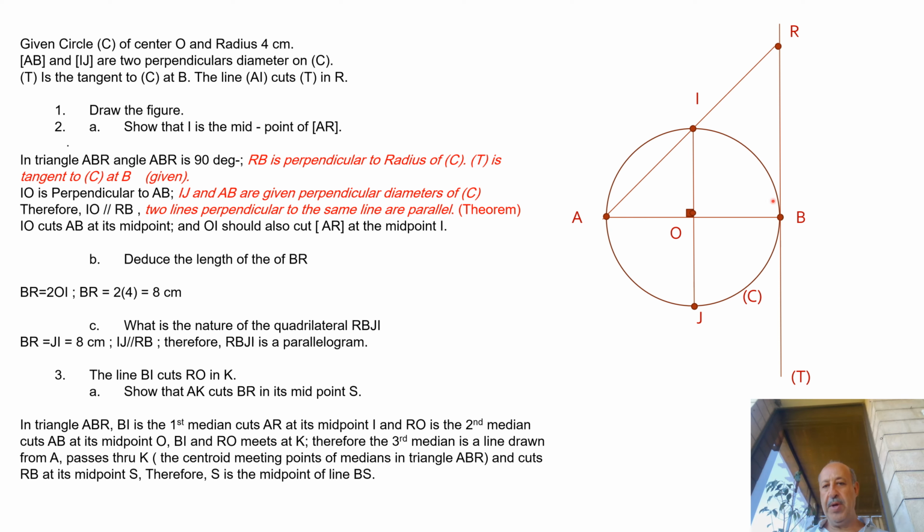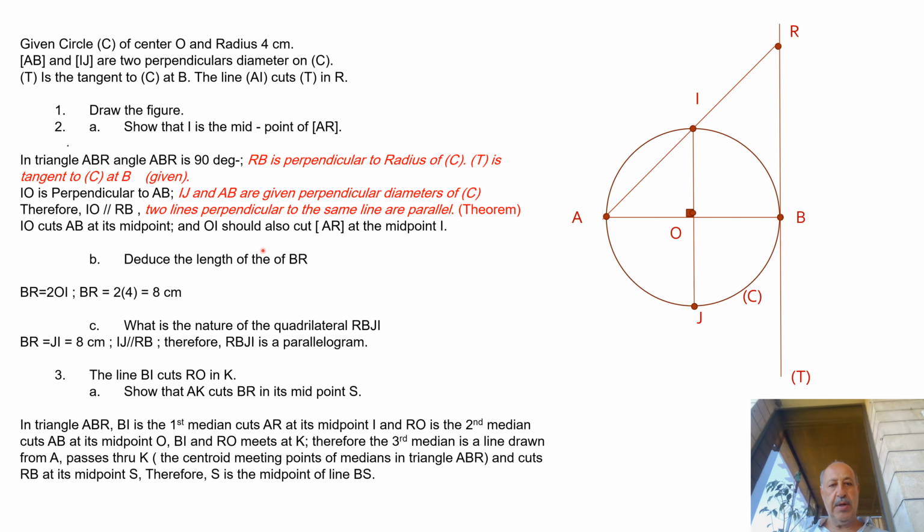If RB and IO are parallel, it means that IO cuts AB at its midpoint, therefore it should cut AR at its midpoint as well. So therefore I is the midpoint of AR.